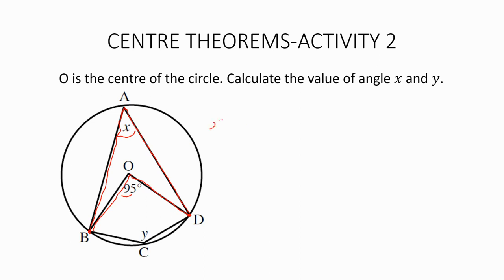So x is going to be equal to 47.5 degrees. Y, angle at the center equals 2 times the angle at the circumference. You see that I'm not getting tired of writing the reason because you have to write the reasons every time. It should be statement and reason.